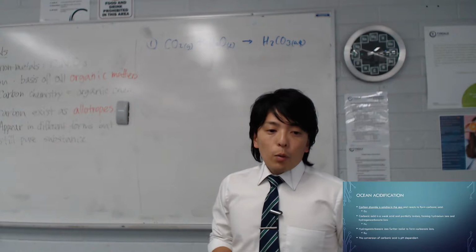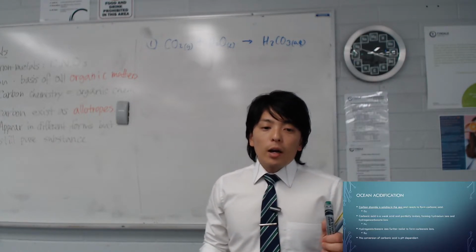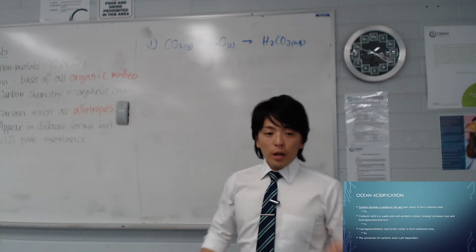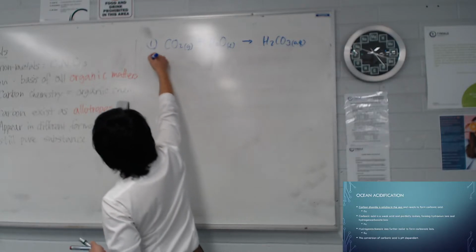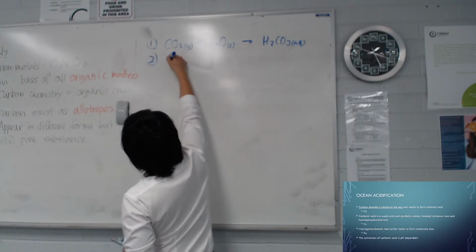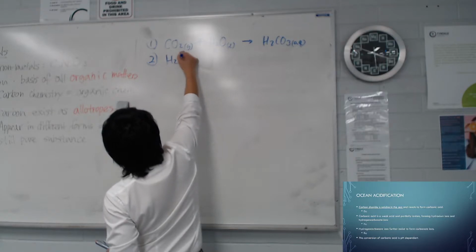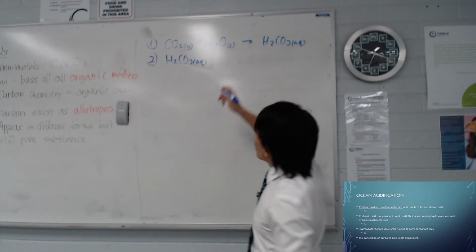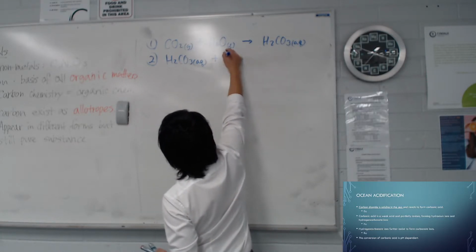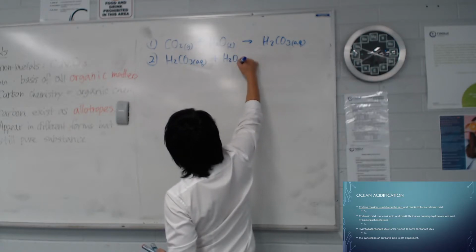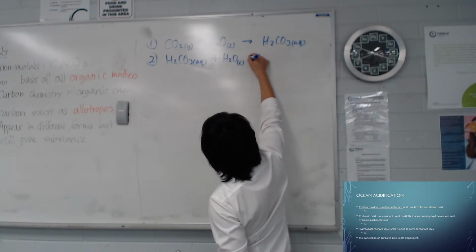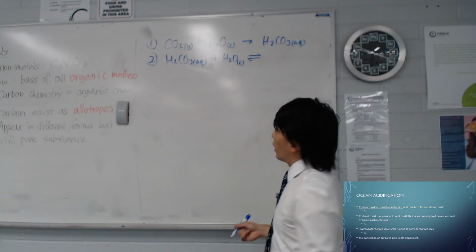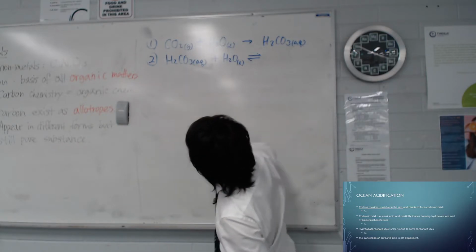And secondly, carbonic acid is a weak acid and partially ionizes, forming hydronium ions and hydrogen carbonate ions. So you would start with H2CO3 (aq). Now you could put a water molecule here, which you don't have to, but what you must do is use a two-way arrow to show that it's a reversible reaction, which happens for weak acids.